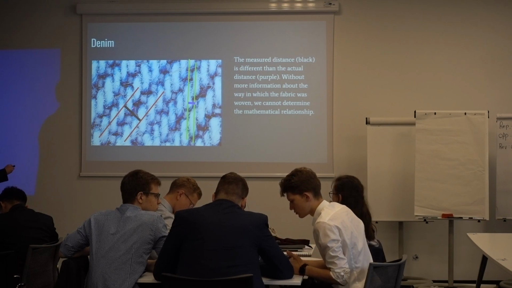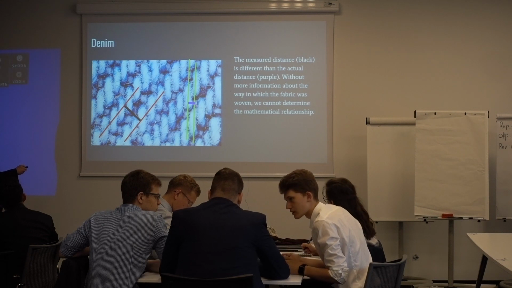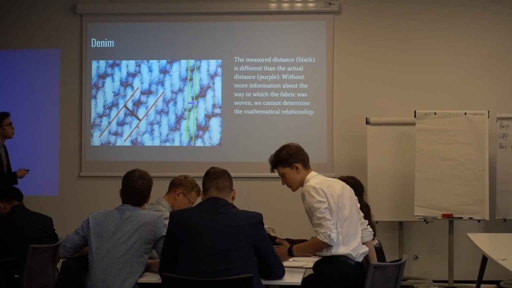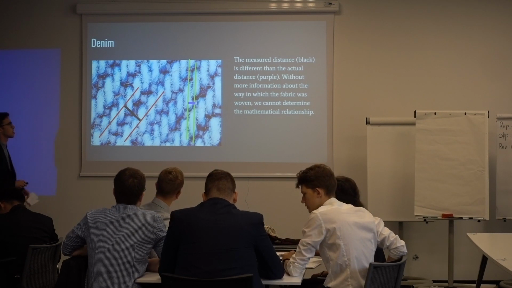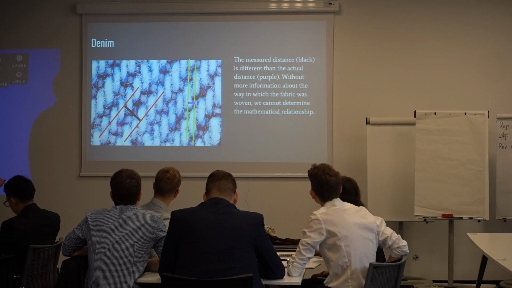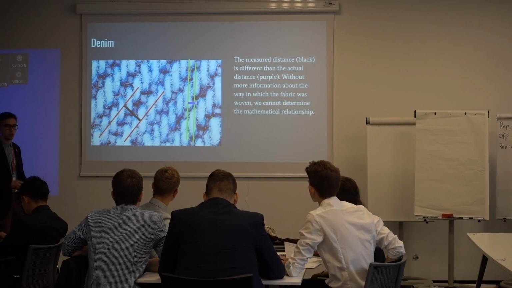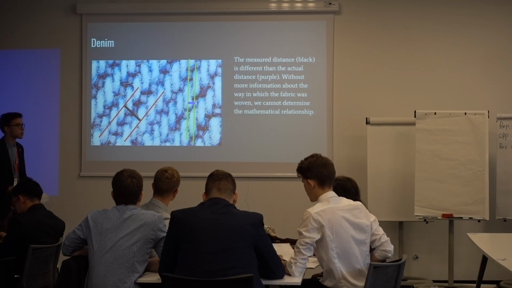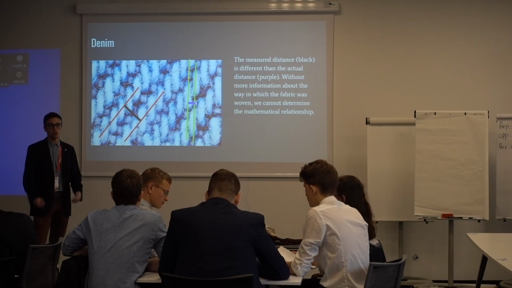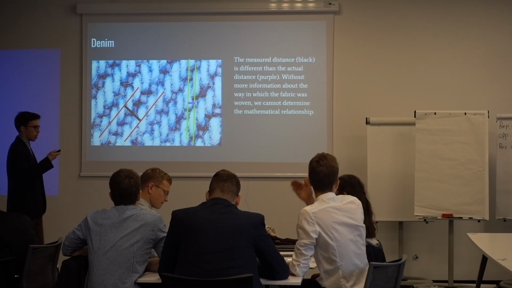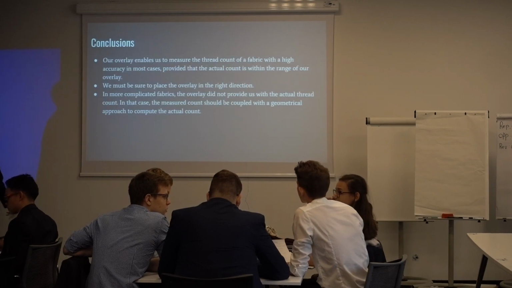So the measured distance between diagonals, the black, is different than the actual distance, which is the purple, for example, in the wefts. But without more information about the way in which the fabric was woven, we cannot determine the mathematical relationship because this distance between the most prominent lines would be different according to the way the denim was woven. So there is no geometrical formula that would allow us to predict the actual thread count in the denim from the measured one.